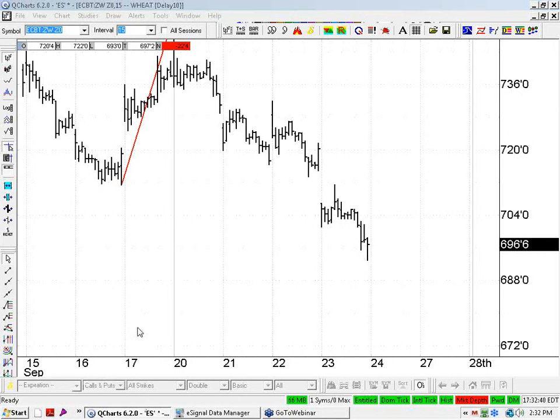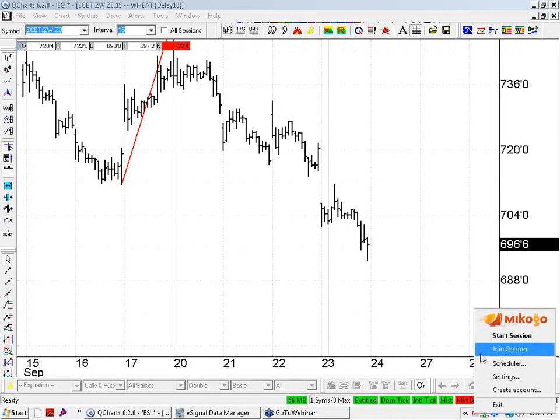Okay. So that's what you want to do. We want to make sure that the coast is clear and you can run, and that will kick off the move.